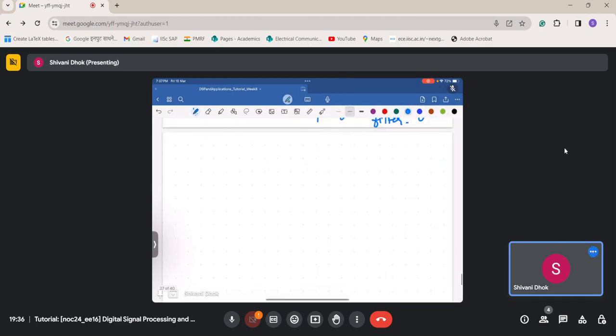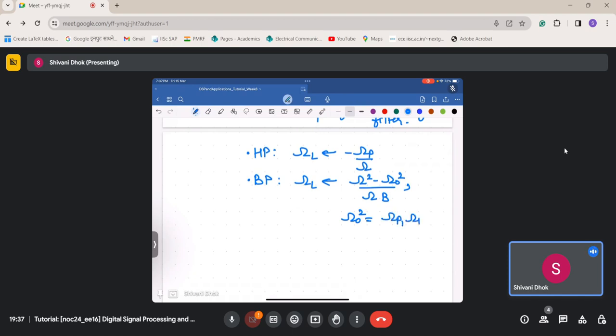The analog transform for high pass is omega L as minus omega P by omega, and for band pass, omega L is to be replaced by (omega square minus omega naught square) upon (omega naught into omega into B), where omega naught square is omega p1 omega p2, and B is omega p2 minus omega p1, which is the bandwidth.